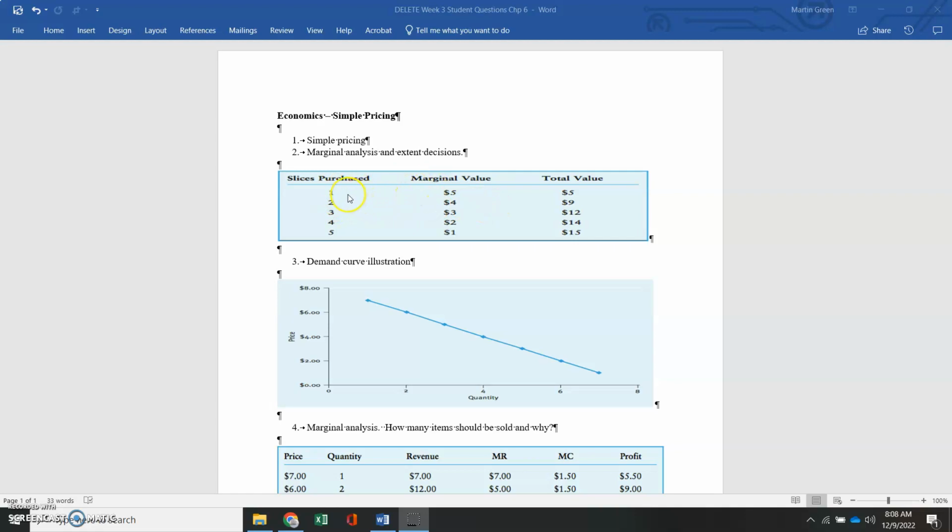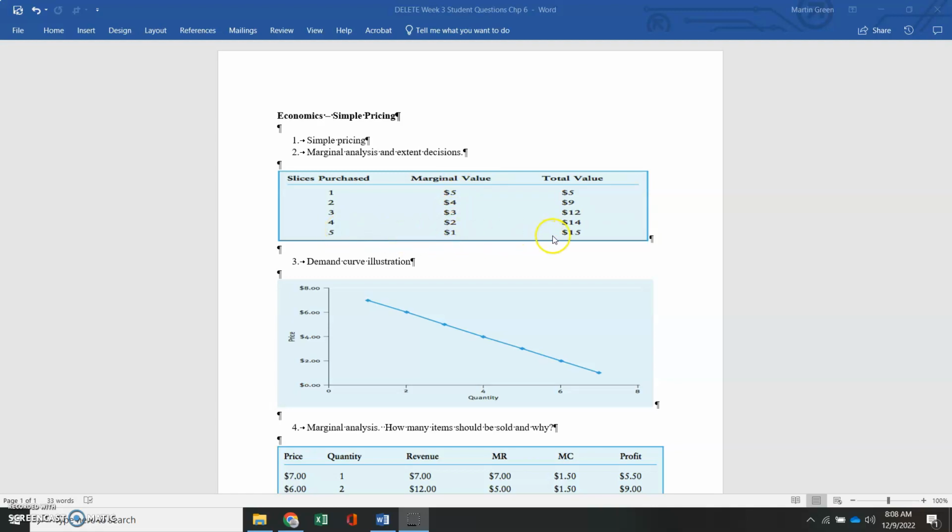For instance, here, in marginal analysis, we purchase one piece of pizza. Our total value is $5. The second one diminishes to $4 being our marginal value. So 4 plus 5 is 9. And we can see this diminishing of value as time goes on.